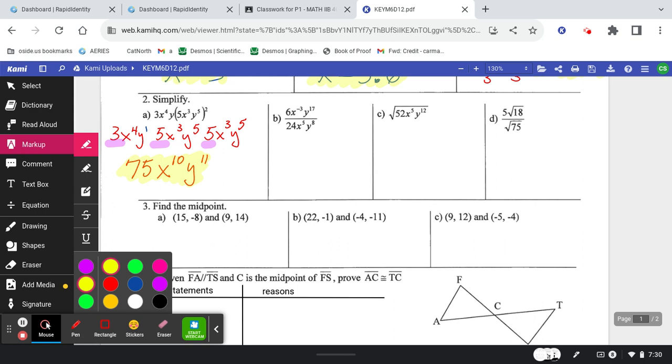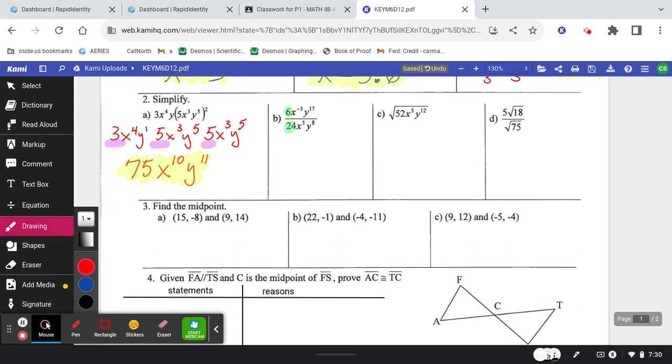Okay, moving on, let's look at things piece by piece here. For example, I've got a 6 over 24. If that was just a regular fraction, I'd say 6 goes into 6 once. 6 goes into 24 4 times. 6 24ths becomes 1/4. Next, I've got x to the negative 3, and then x to the 5th in the denominator.